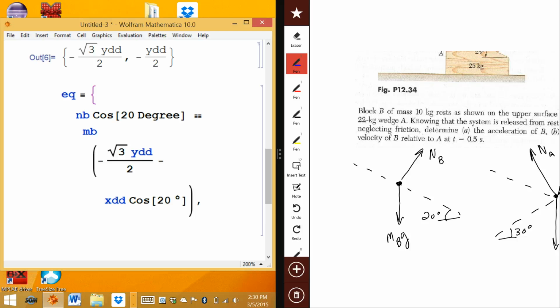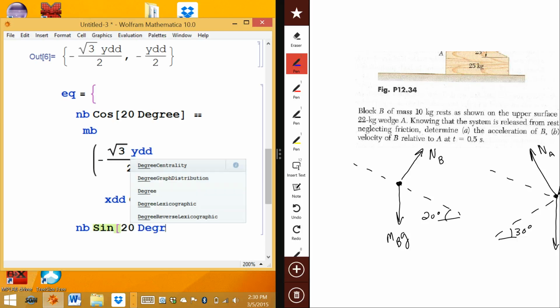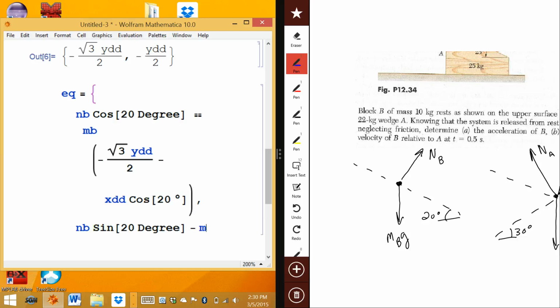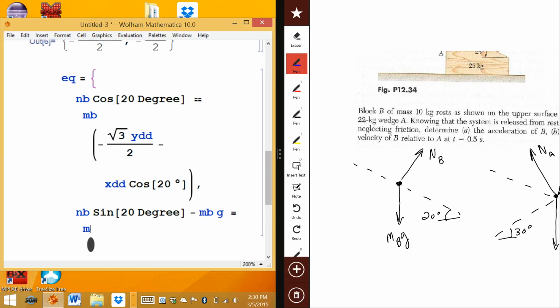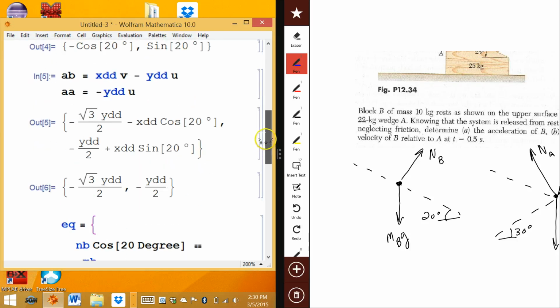The forces in the j direction will be NB sine of 20 minus mBg, and that equals the mass of B times the acceleration of B in the y direction.